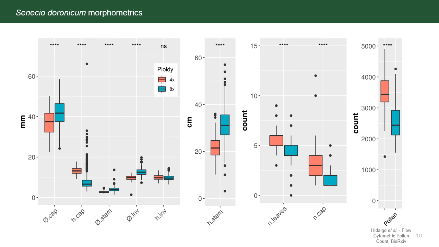I would particularly point your attention to the plot on the left, which tells us that octoploids make larger, more showy capitula, and also taller stems. However, the tetraploids, on the box plot all the way to the right, produce more pollen grains per floret. This points towards a different allocation of resources toward reproductive strategies between the two ploidy levels.